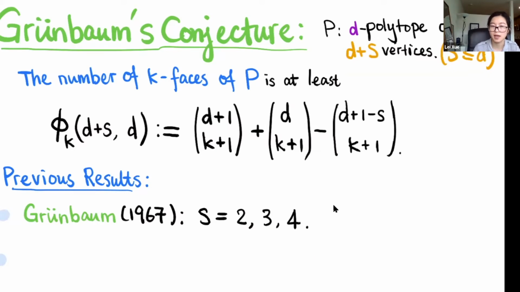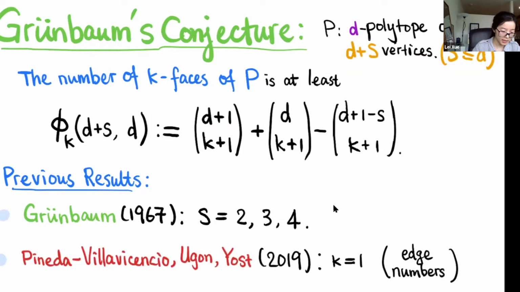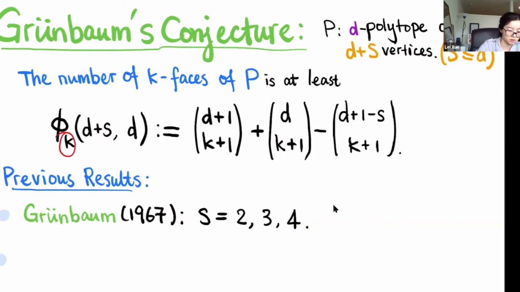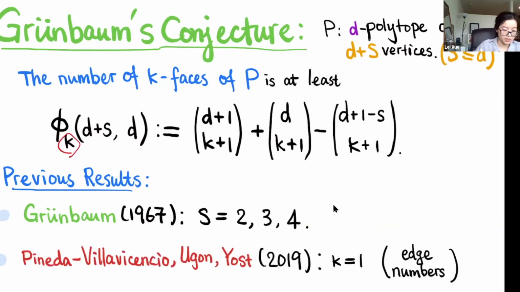That's the simplex, and the number of K faces of a simplex satisfies this formula. And in 2019, the following authors, Pineda-Villavicencio, Ugon, and Yost, proved the case when K equals 1. Remember, K is this notion over here. And that's the case for the edge numbers.